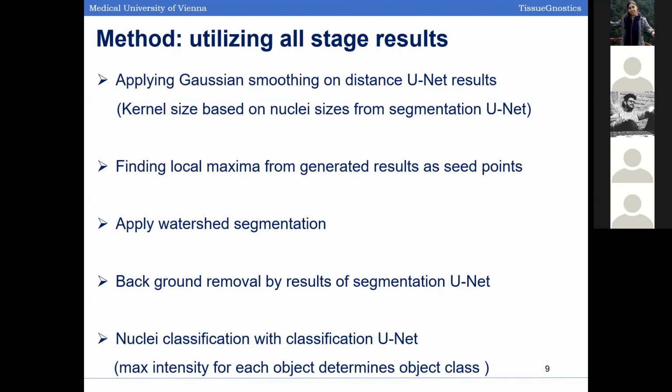I also remove the background from the results of the segmentation unit. So up to this stage, I had the instance segmentation results, and finally, to assign different labels to each individual detected object, I used the results from the classification unit.